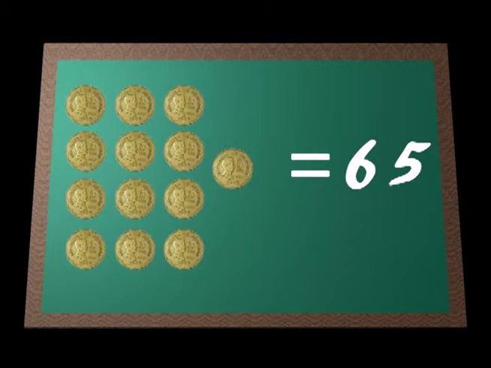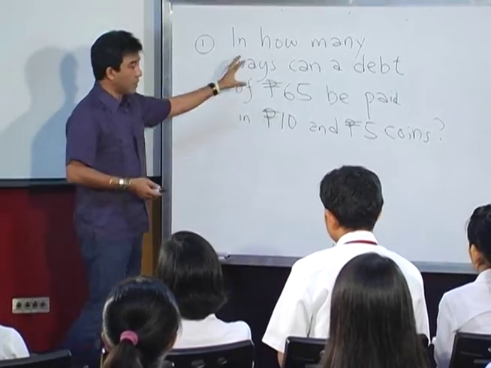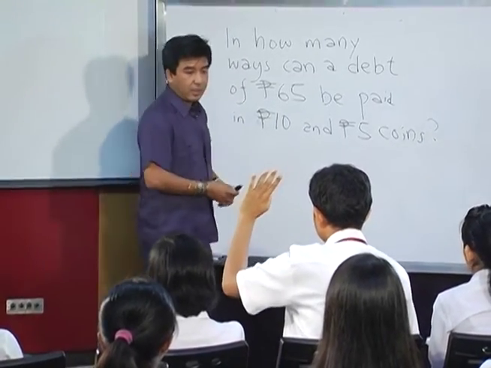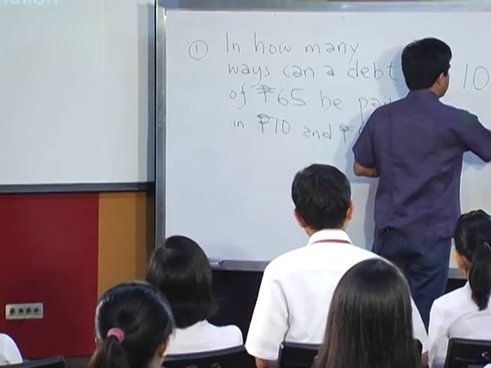And of course, we can express this algebraically. Can you think of the equation? Yes, Alvin. 65 is equal to 10x plus 5y. So 10x plus 5y is equal to 65.